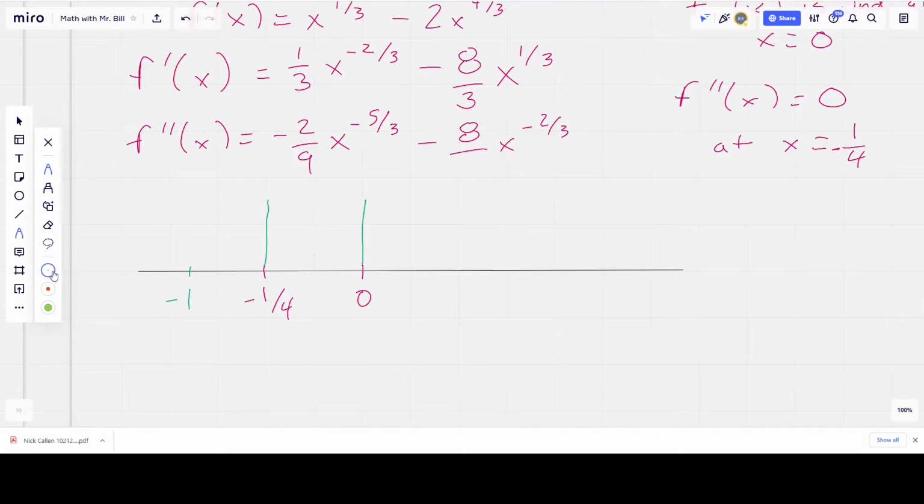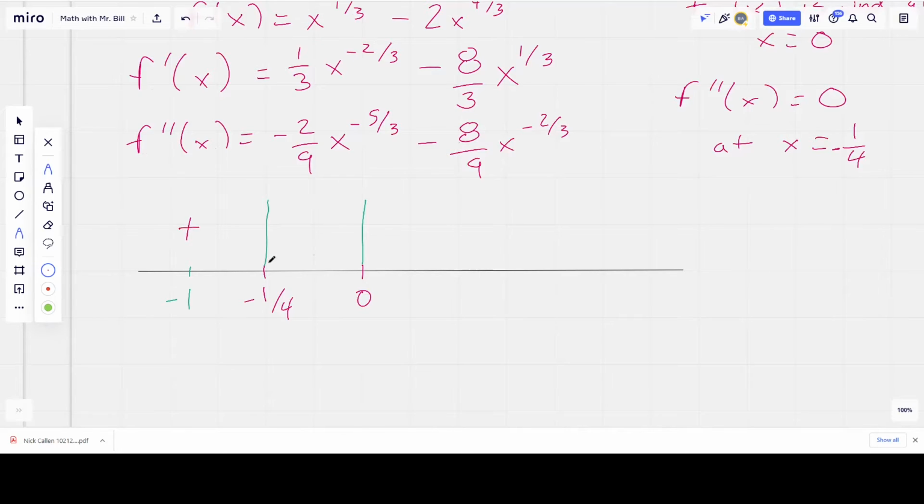Now if we plug in negative 1 into the second derivative, the negative is going to stay. So we'll get positive 2/9 plus 8/3, and that's going to end up being a positive value. There we go.